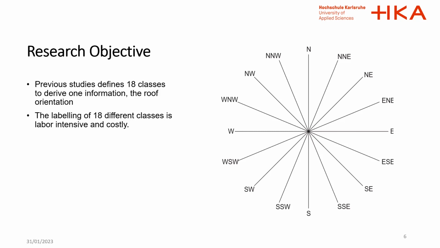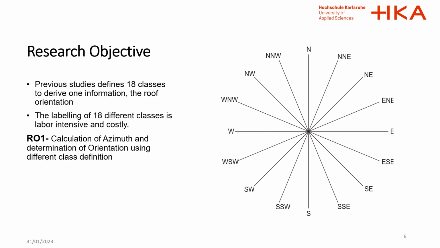Even from the images we cannot determine the exact orientation. First we have to label, and then we go into deep learning, which will just segment the output using that model. But it takes 18 classes, needs too much labor, and it will be a costly method.